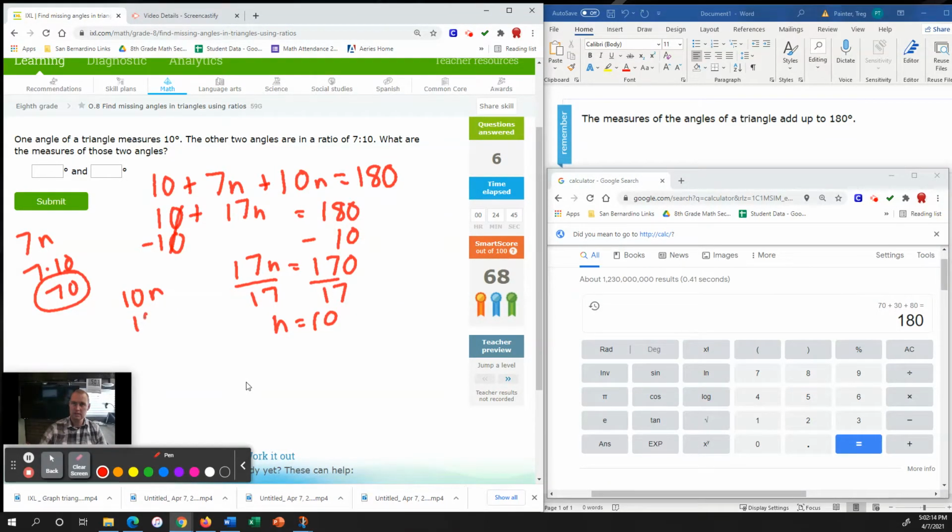And 10 times 10 is 100. So let's check 70, 10, and 100. Yeah, so that works out, right? So we got 10 plus 70 is 80, and 80 plus 100 is 180. So we know this one's good.